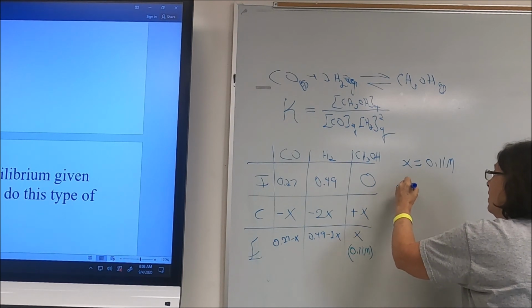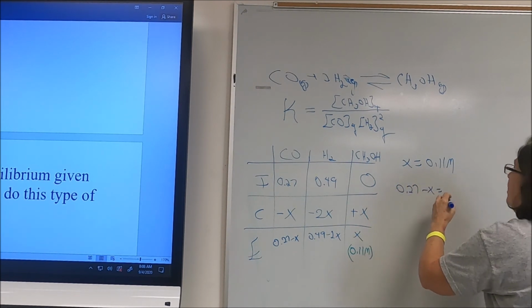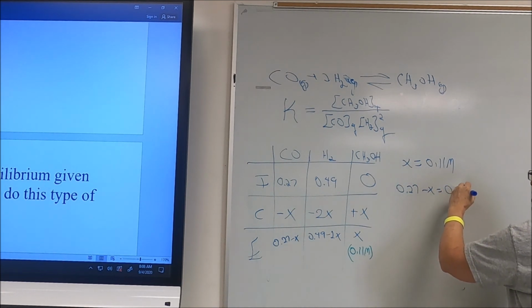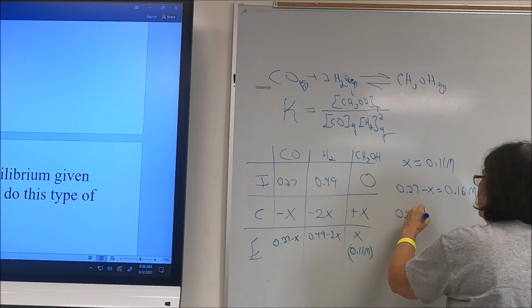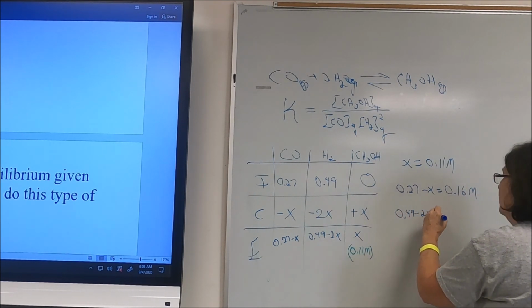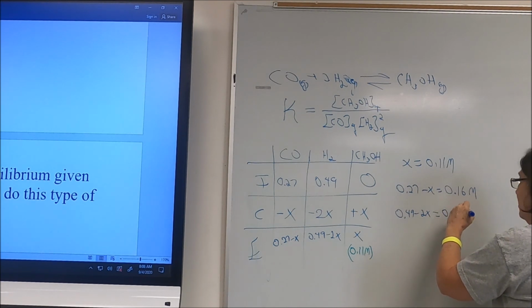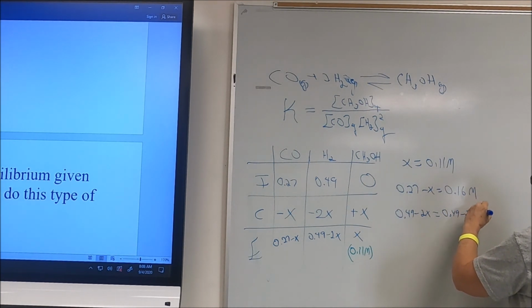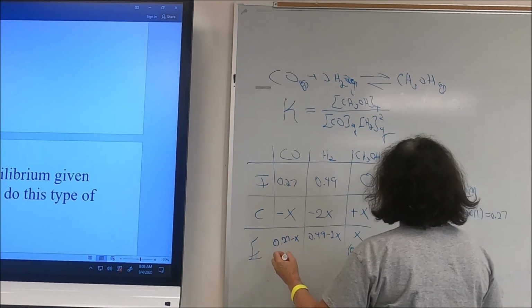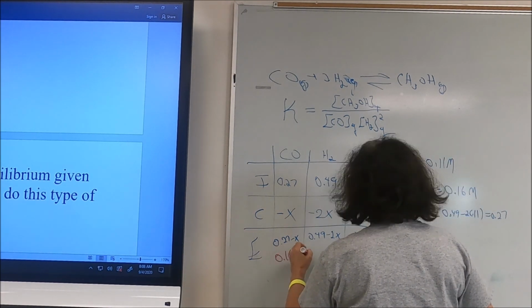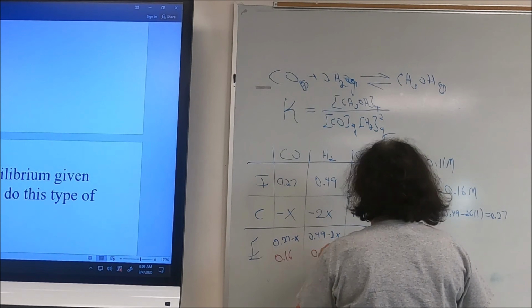So 0.27 minus x is 0.16 molar. And 0.49 minus 2x would be 0.49 minus 2 times 0.11, which would be 0.22. 2 from 9 is 7, 2 from 4 is 2. So 0.27. So let me write those in, and we'll write them in pink. So this is 0.16 and this is 0.27.